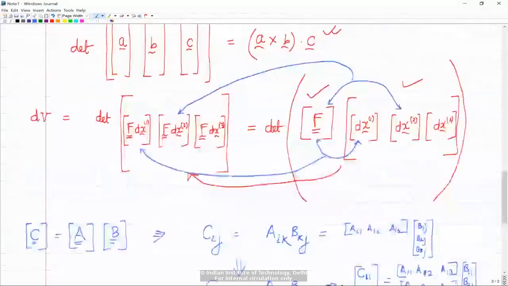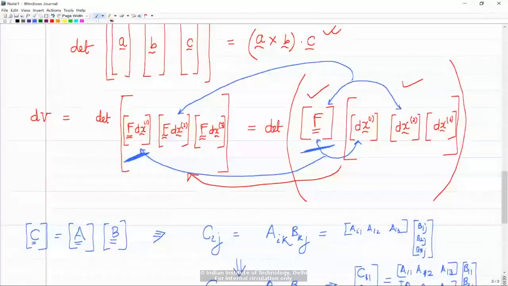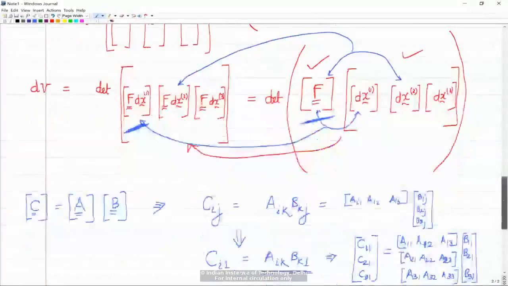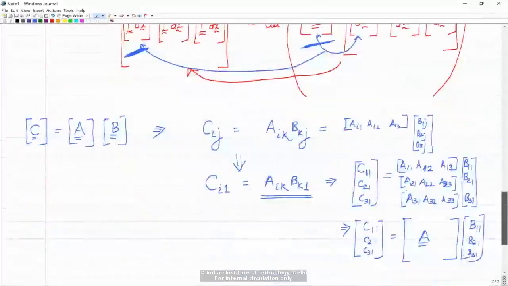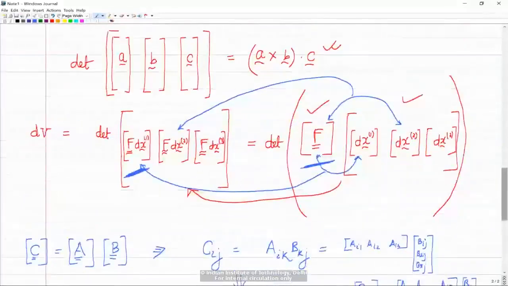If you want to get the first column of the resultant matrix, then you multiply the matrix times the first column of the second matrix. Okay? So I hope with this little detour, you are able to understand this decomposition. Anybody not able to follow?